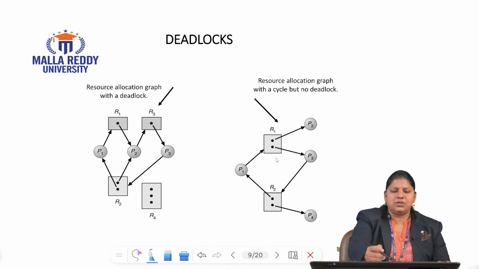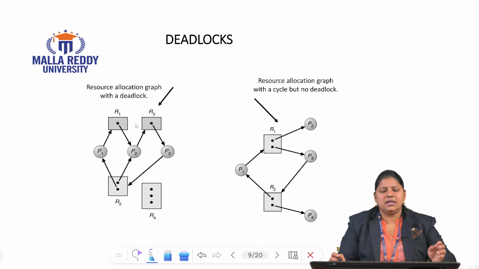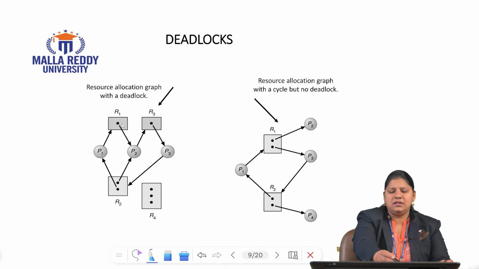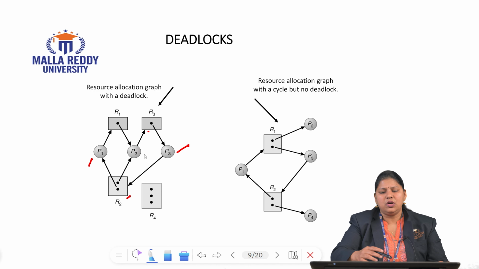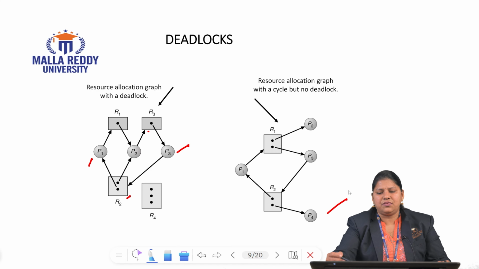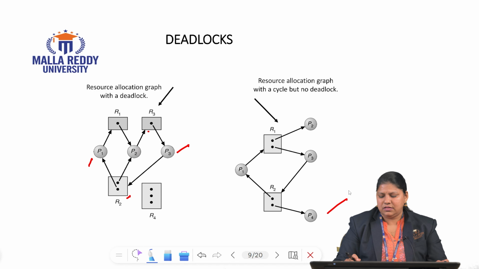And in this graph also, there is a circular wait: P1 holds R1, R1 is held by P2, P2 requests R3, R3 is held by P3, P3 requests R2, and R2 is again assigned to P1. So here we can see the cycle. So this is a deadlock situation. In this graph, there is no deadlock situation, as there is no cycle.